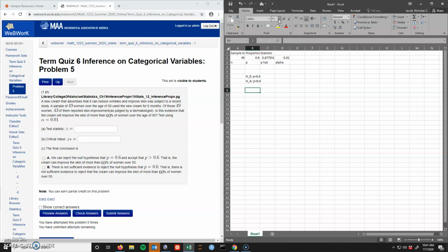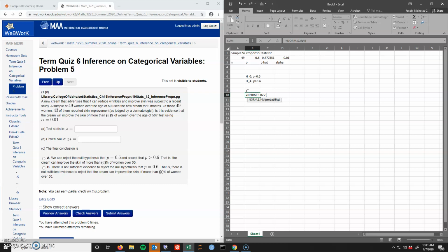Okay, so let's see if we can get our z star before we get moving here. For my z star, because I want the alpha to be 0.01, I want to have 99% less. Now, if it's a two-tailed test, I'm going to divide that 1% in half and put half to either side. But because here I want a one-tailed test, I'm just going to use the percentage there.